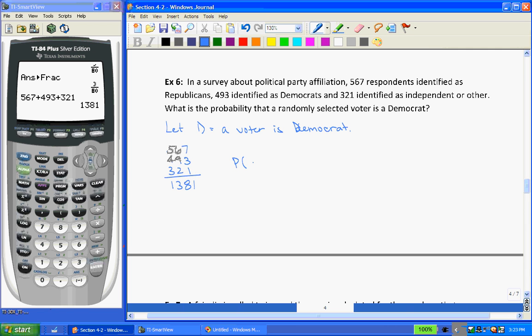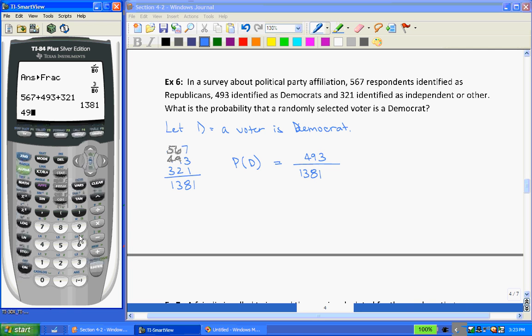So to find the probability that a randomly selected voter is a Democrat, out of 1,381, we know that 493 are Democrats.